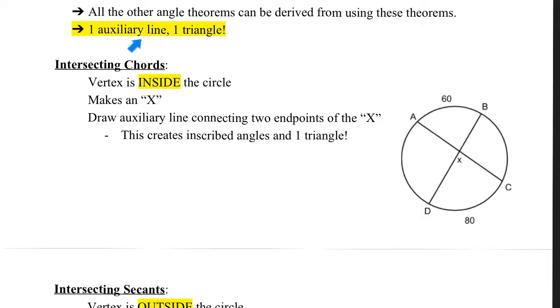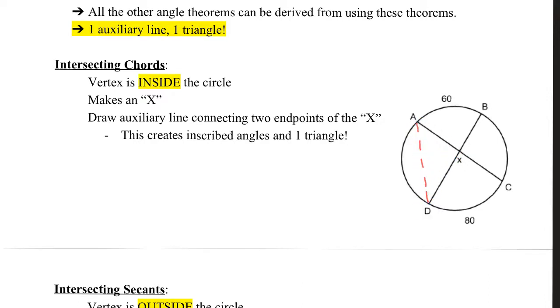We need to draw one auxiliary line to create one triangle, and it's also going to create some other things. If you remember, I'm going to draw it right here. And it doesn't matter if you draw it from B to C. It does not matter.